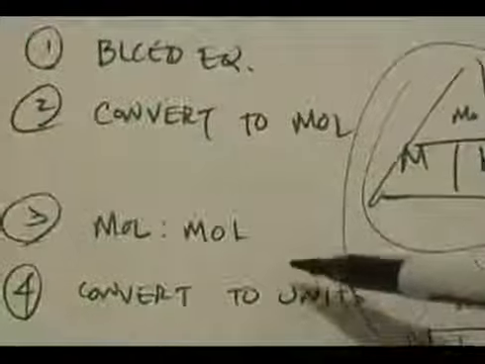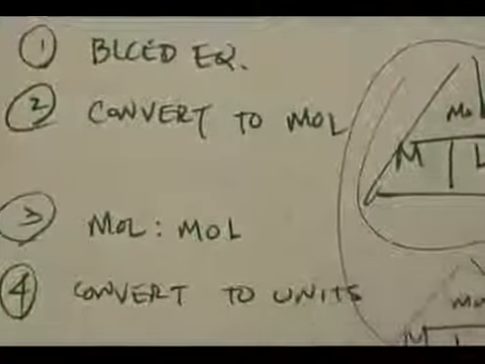And then once we've done that, we could actually move on to the next step, because this is step 2 where we convert to moles. Next step is to find the mole to mole ratio and then convert to our asked for units.